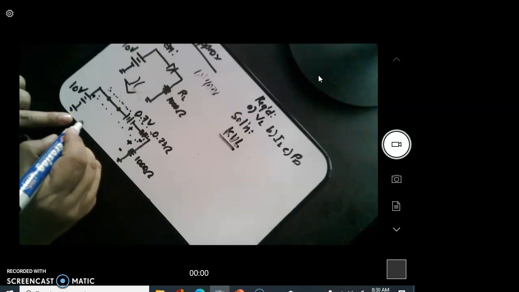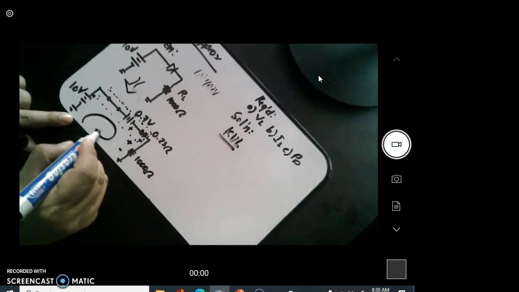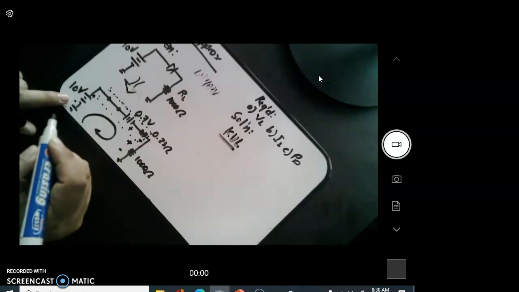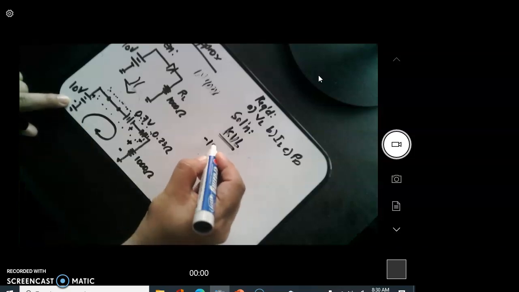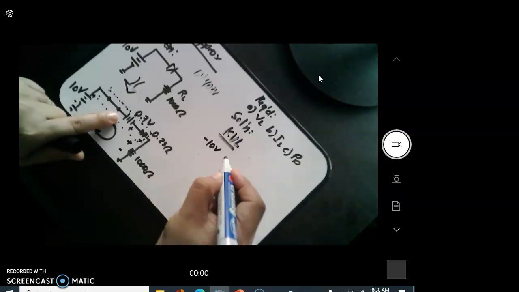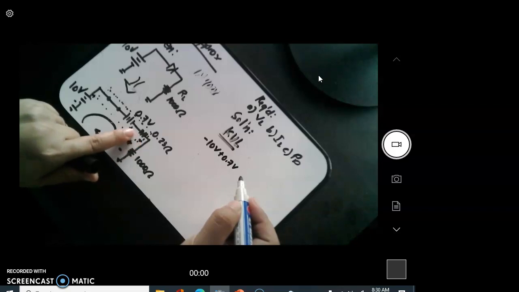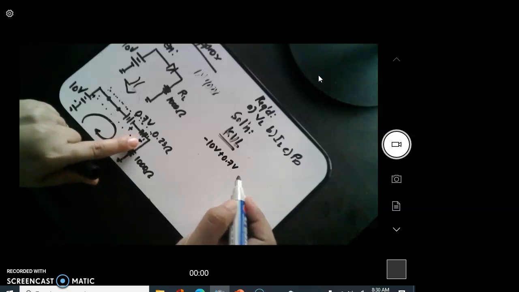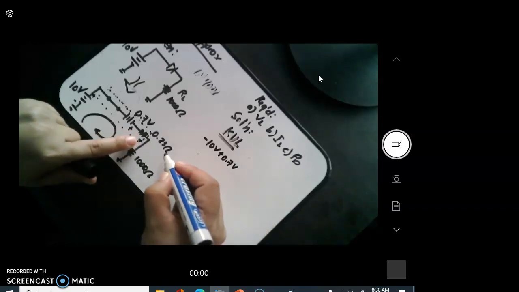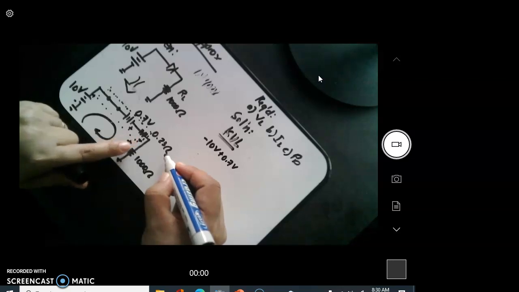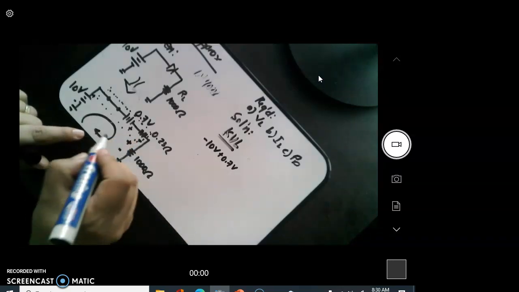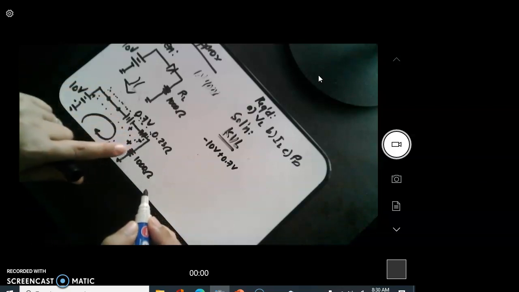So if I have a KVL around this loop, I enter the negative terminal of the supply, so I have negative 10 volts. I enter the positive potential drop of the diode, which is 0.7 volts. I enter the positive voltage drop across 0.23 ohms, but this is just ohms, so to make it voltage, you have to multiply it with the current in this series circuit.